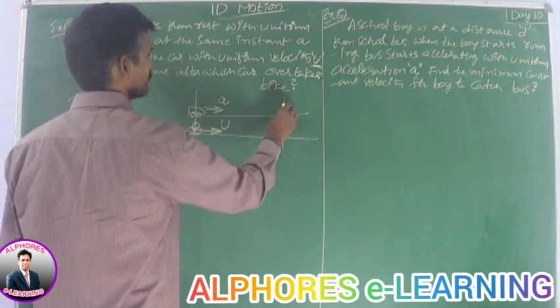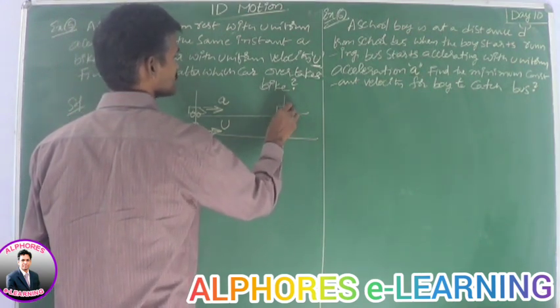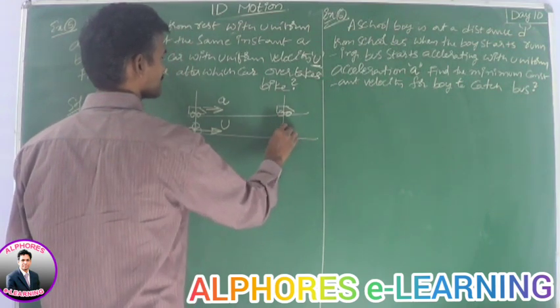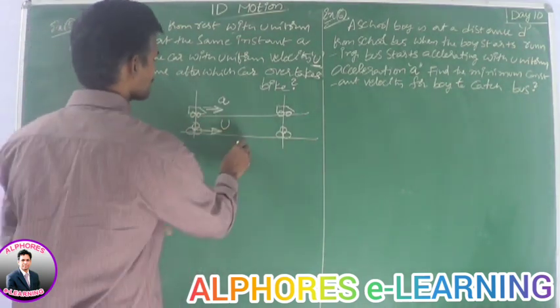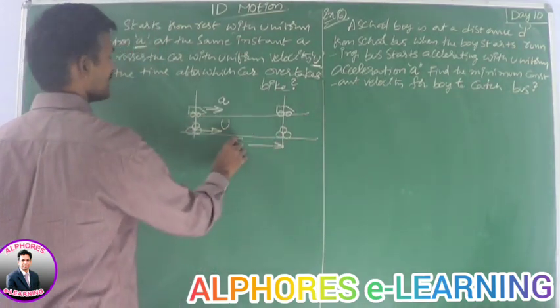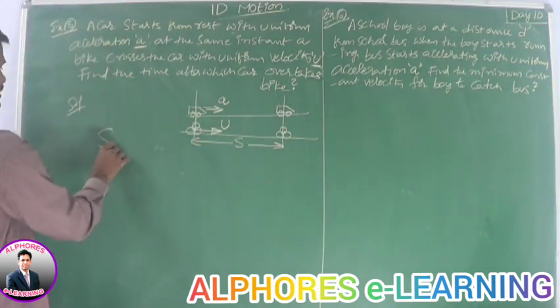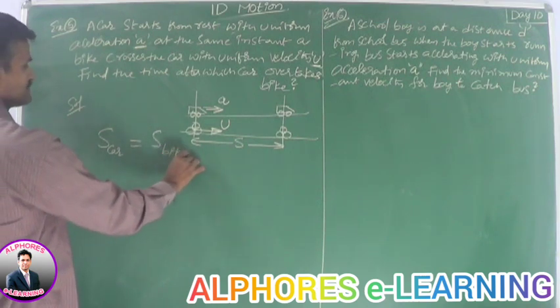This car overtakes the bike. Suppose after some time t, this car reaches here, and at the same time the bike also reaches the same point. So the displacement of the car is equal to the displacement of the bike.